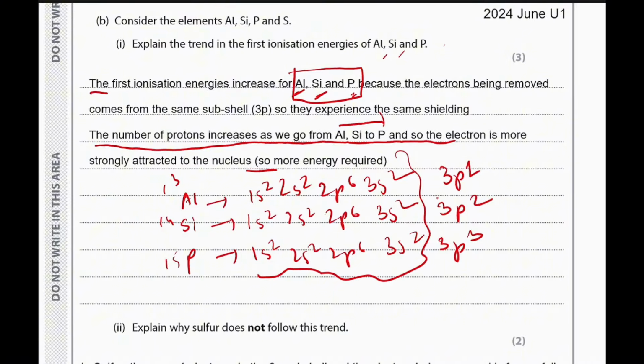And the shielding effect is not taken into consideration because all three of them face the same amount of shielding from their inner subshell electrons, since all of their outer electrons are in the same subshell. So without considering the shielding factor, the nuclear charge is the higher priority, for which the first ionization energy increases for these three elements.